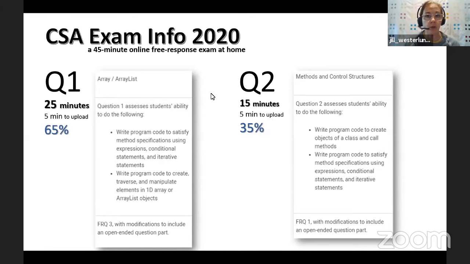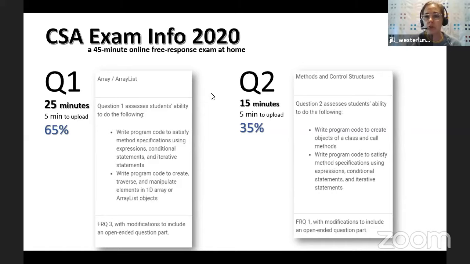After you submit question 1, you'll be presented with question 2. It will be on methods and control structures, which is a lot of what we've spent some time talking about. We're going to be zeroing in on these 3 topics, really. I guess you could say 4: array, 1D array, ArrayList, and then methods and control structures.